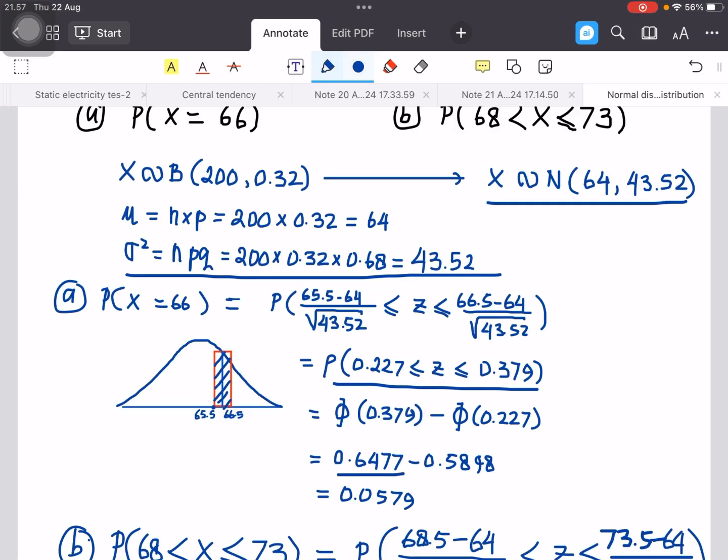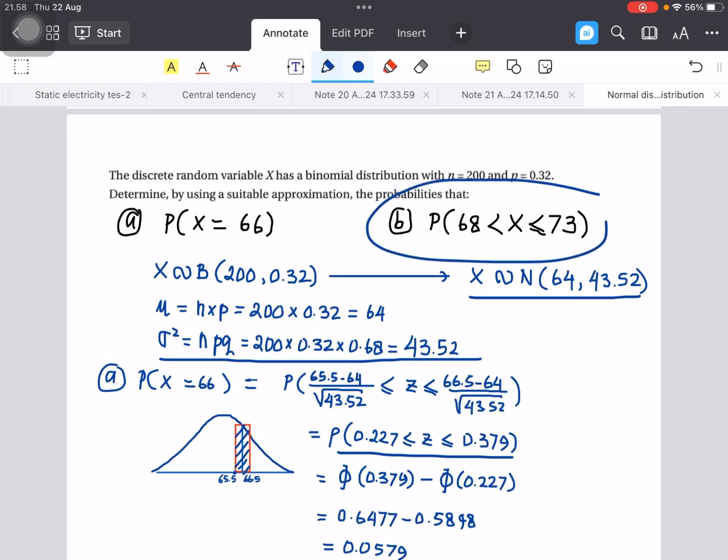Using the table, phi(0.379), the value is 0.6477, and then phi(0.227), the value is 0.5898. So the final answer will be 0.0579.